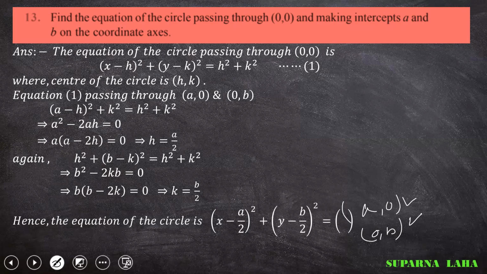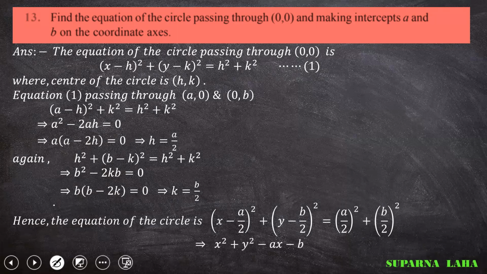So put it into this place. You will find the equation of the circle is like this: (x minus a by 2) whole square plus (y minus b by 2) whole square equals (a by 2) whole square plus (b by 2) whole square. And if you just expand the squares, you will find x square plus y square minus ax minus by equals 0 is the equation of the circle.